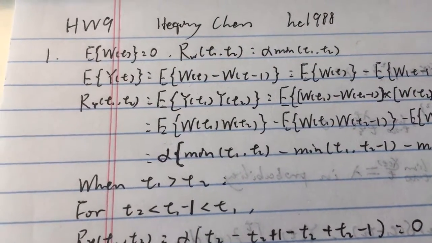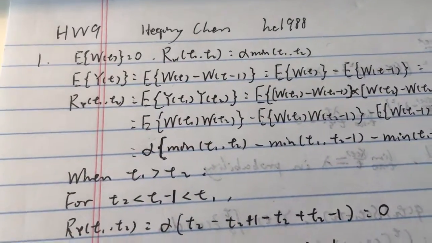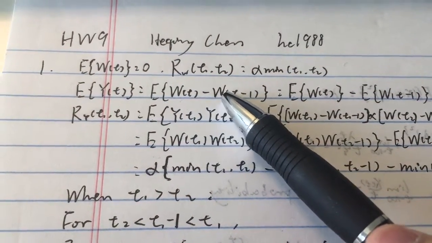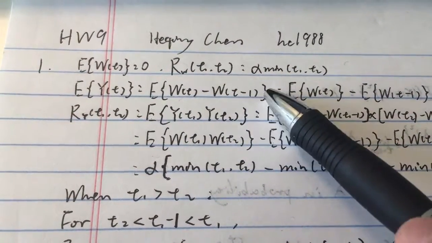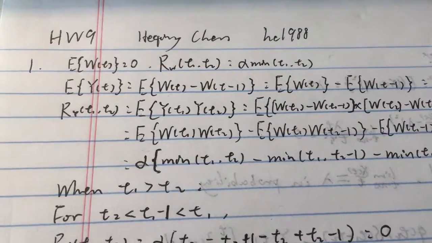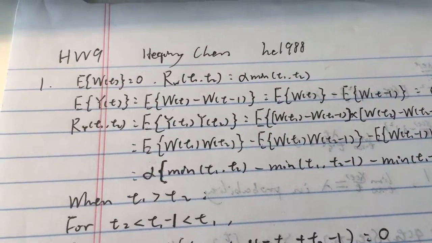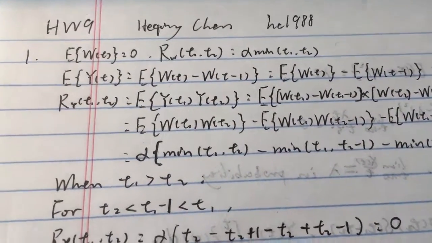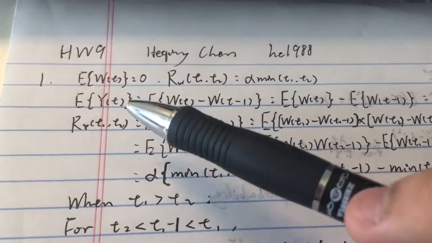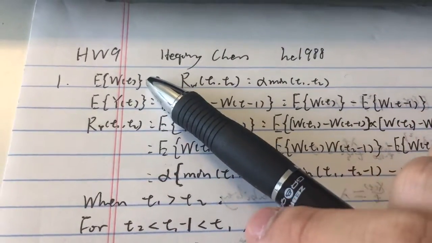Now it defines another stochastic process Y(t) equals W(t) minus W(t-1) for t no less than 1, and otherwise it equals 0. Now we need to find the expected value of Y(t). We have the expected value of W(t) equals 0.